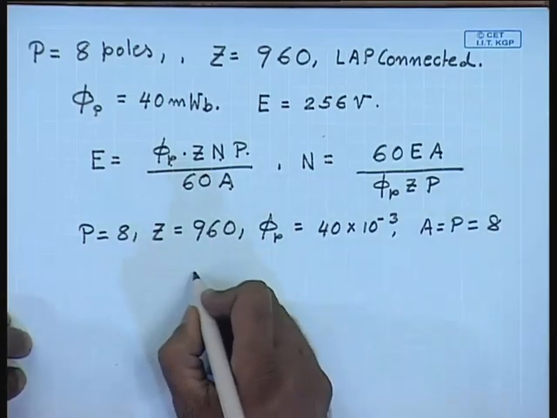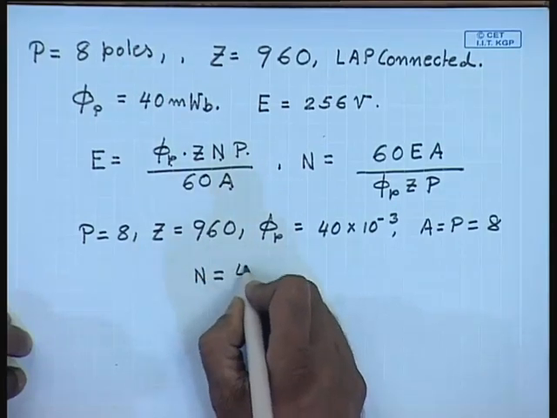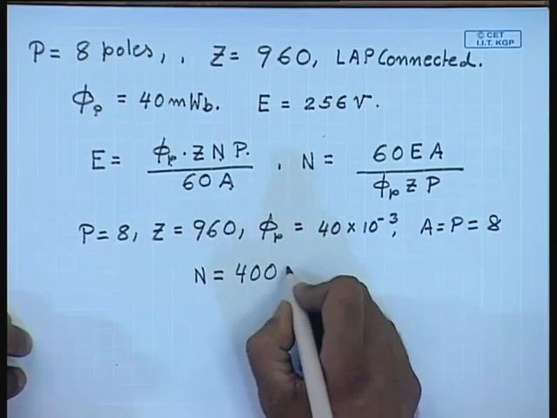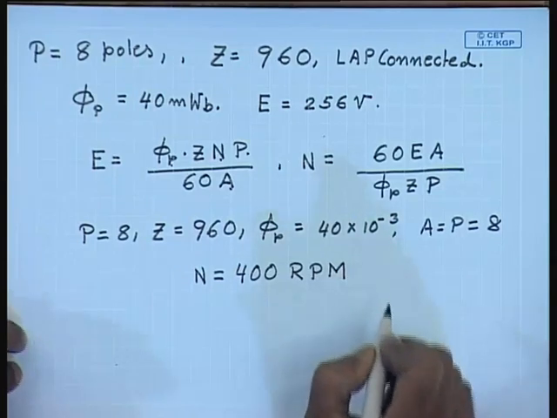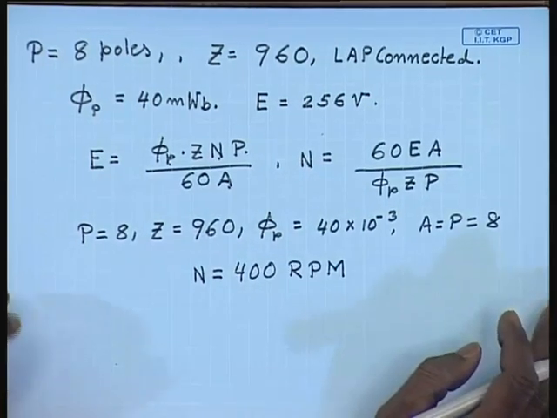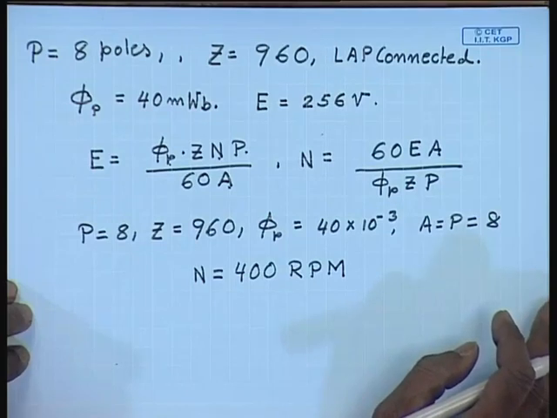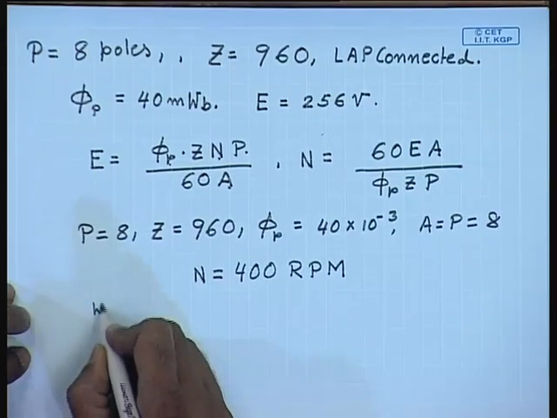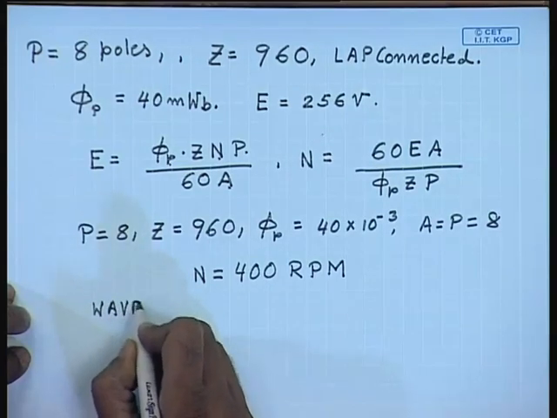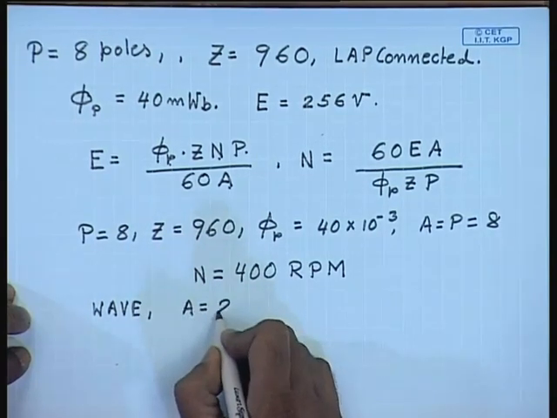Therefore, substituting all these values, we get n equal to 400 rpm. It will be interesting to find out, if I run the machine at the same 400 rpm, but change the armature conductor connection to wave, what will be the induced voltage? We know for wave connection, A equal to always 2.